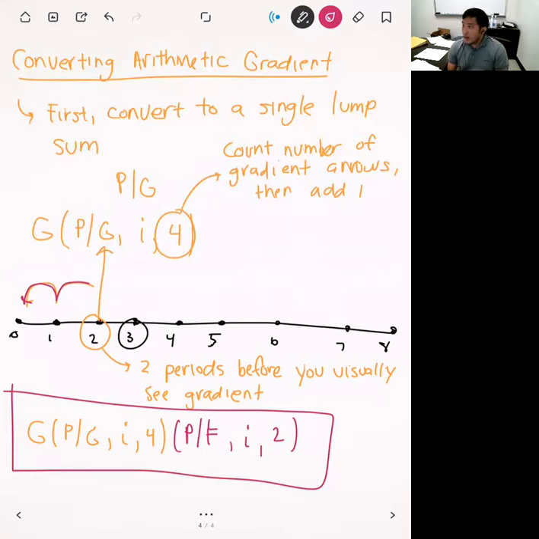And so, I know the arithmetic gradient can be tricky, and so definitely, do some practice. I think the homework problem from homework 2 with the saving for the college degree, I think that one's a really good one to practice, right? And so, if you want to practice doing these conversions and making sure that you're good for the test, then that would be a good one to do.